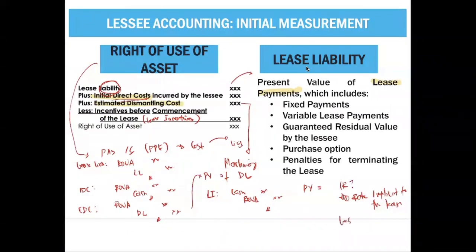We use your lessee's incremental borrowing rate. Take note, since we are measuring your lease payments at present value, the rule is that first you get the rate implicit to the lease. If it is not given, then look for your lessee's incremental borrowing rate. These rates will always be given by the problem.